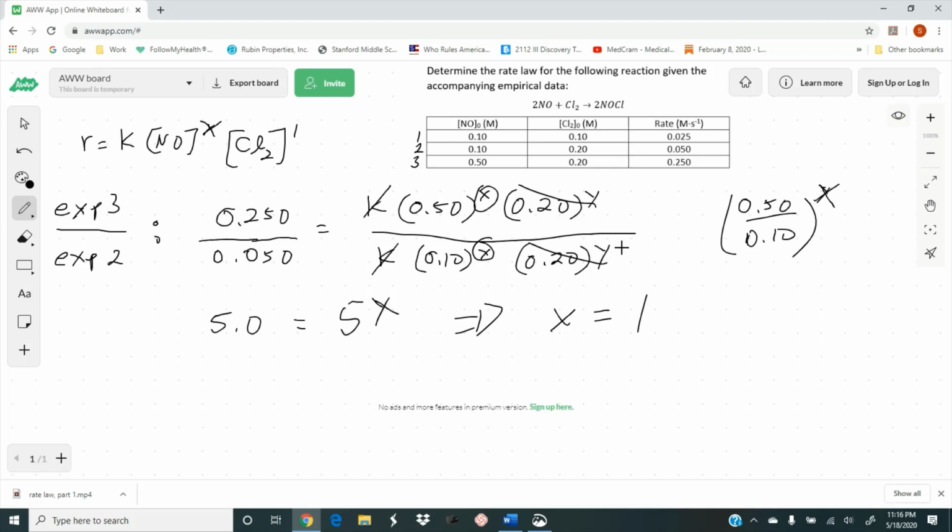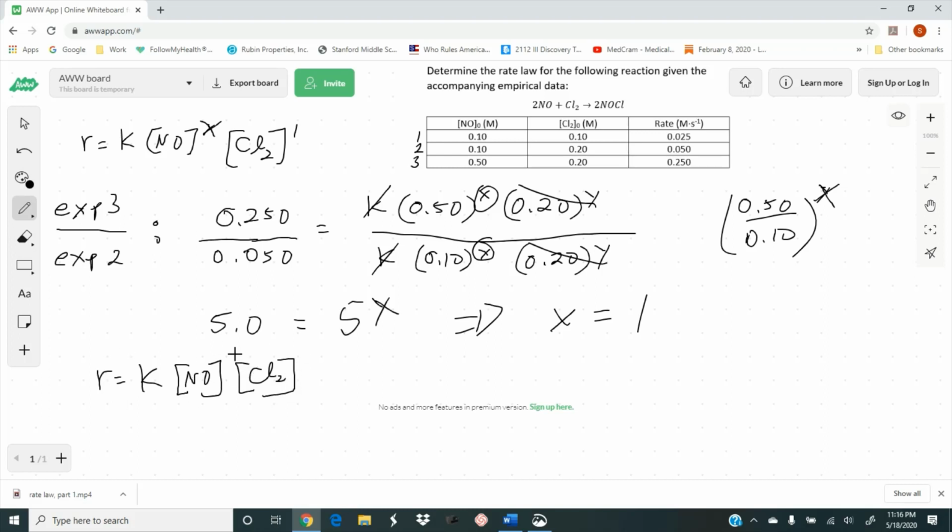Okay. But what we've established at this point is that our rate looks like R equals K times the concentration of NO to the first, times the concentration of Cl2, also to the first.